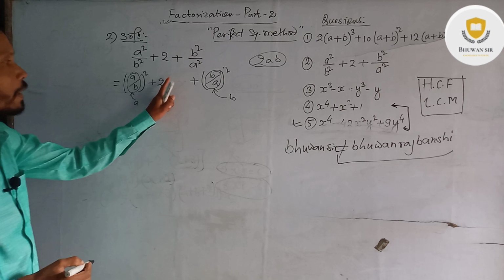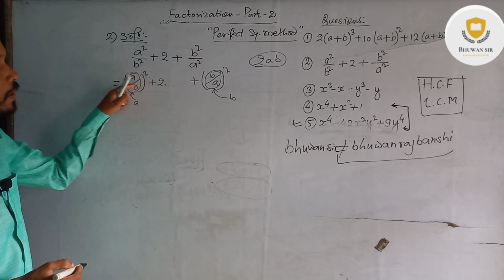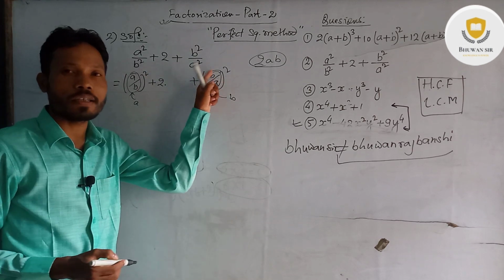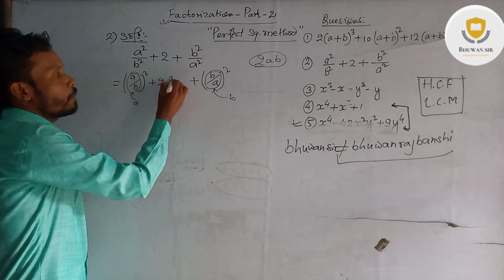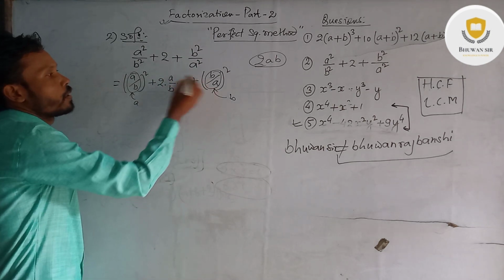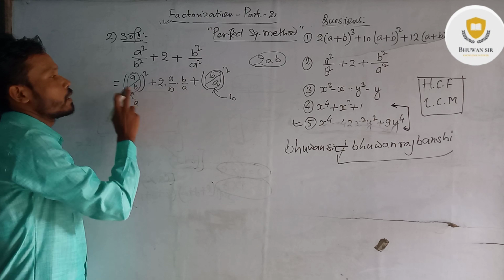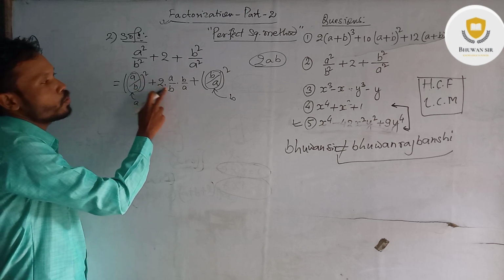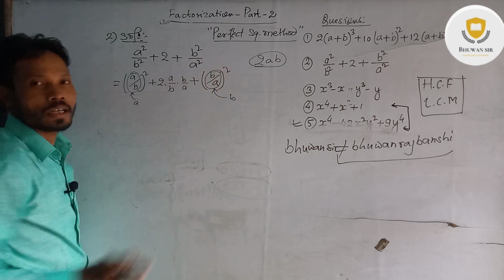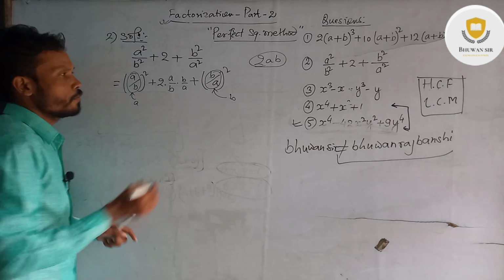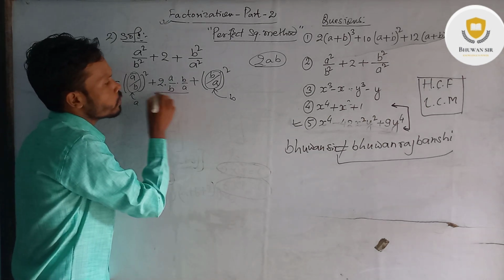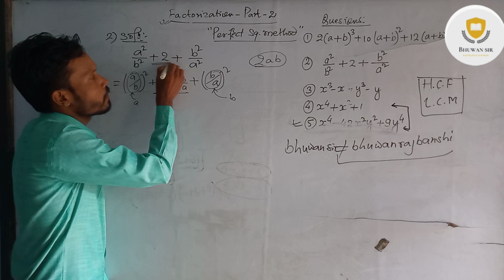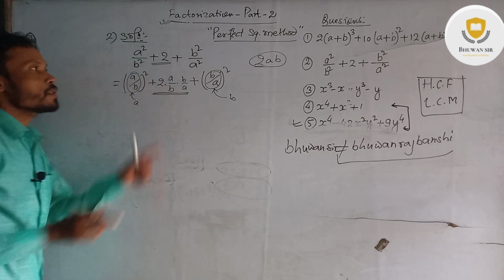It means wherever a comes you have to write a by b, and wherever b comes you have to write b by a. So a by b, b by a. See here, a square plus 2ab plus b square. Now the important part for you is this portion must tally with this one.